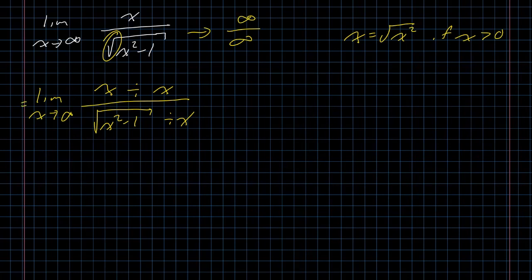Which is the same thing as, all right, I'm not going to waste any more time in the numerator. I have x divided by x, which is just 1. But in the denominator, dividing by x outside of the square root is the same thing as dividing by x squared inside the square root.